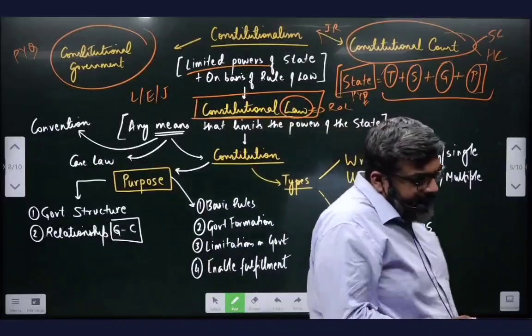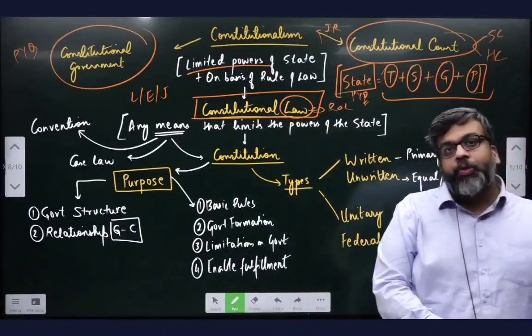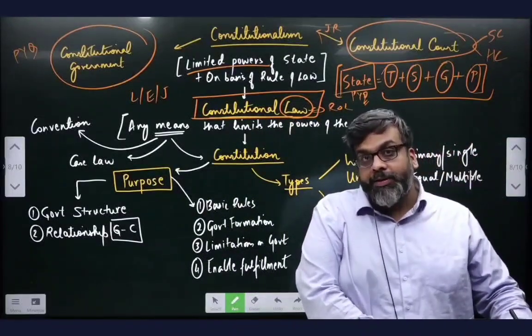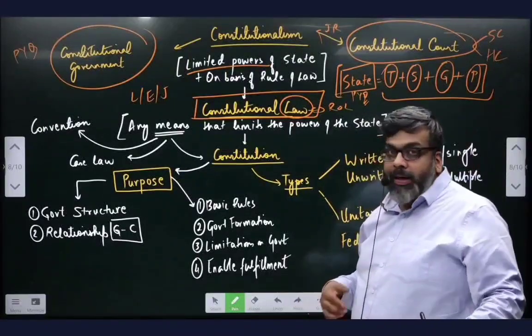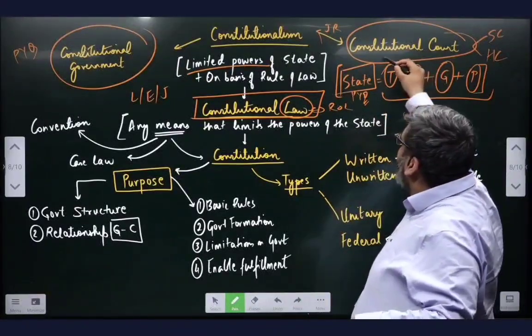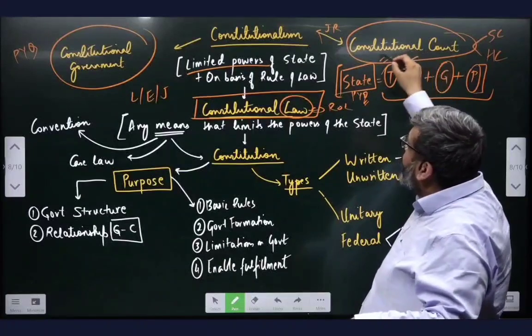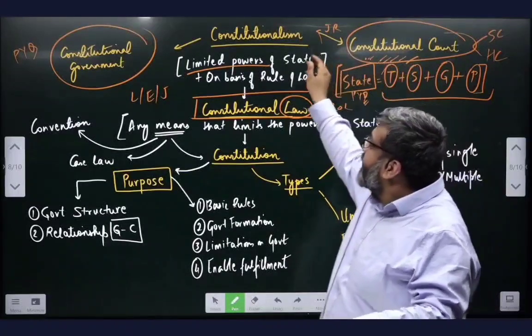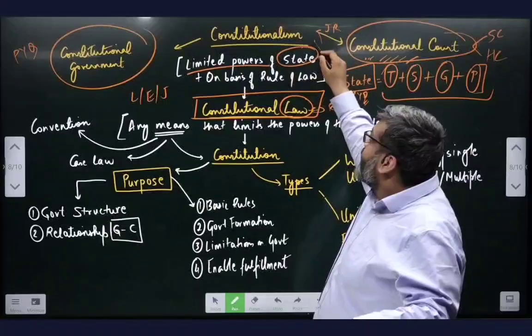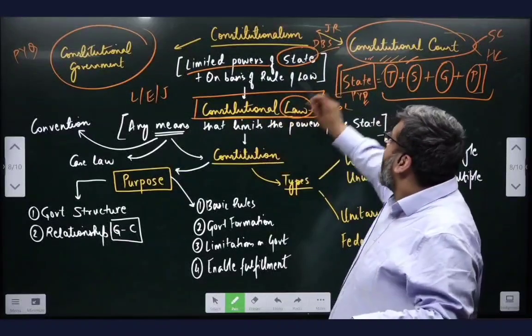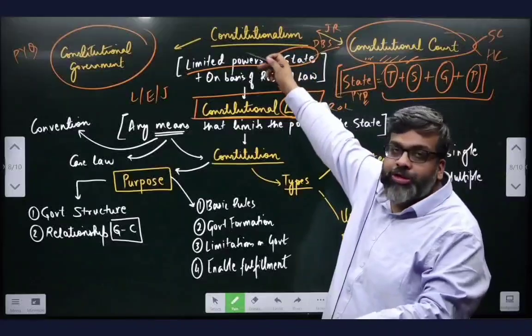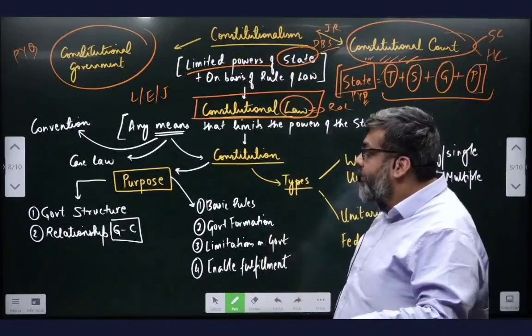Constitutional law is any means through which you're limiting the powers of the state. So it could mean a law, it could mean a case law. For example, when the Constitutional Court gives a judgment which limits the powers of the state, let's say through the doctrine of basic structure, it is effectively undertaking constitutionalistic pursuits.